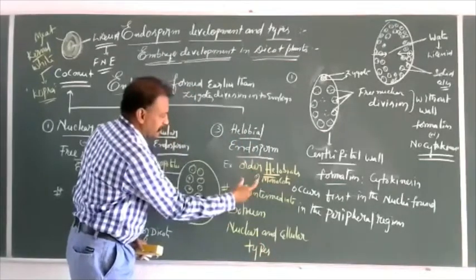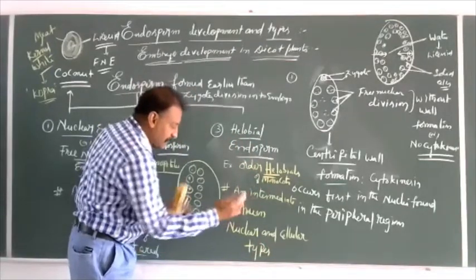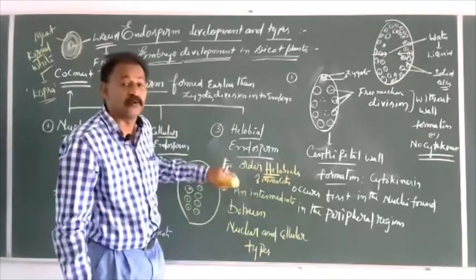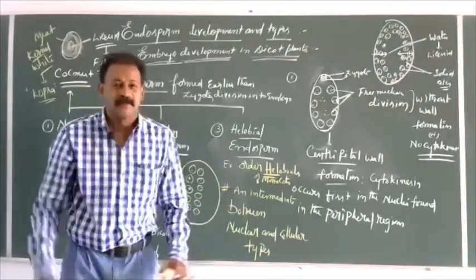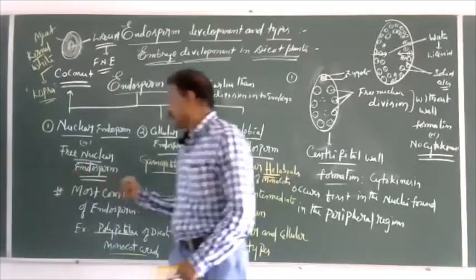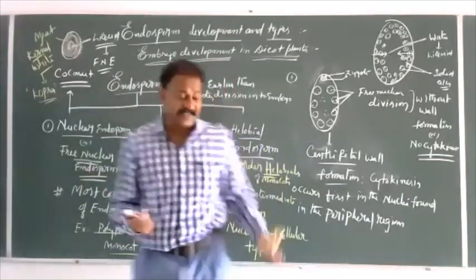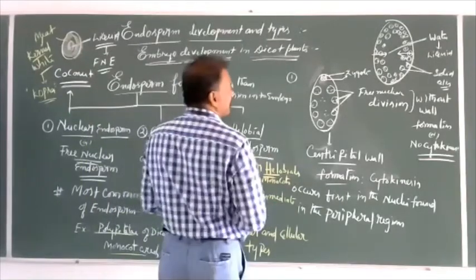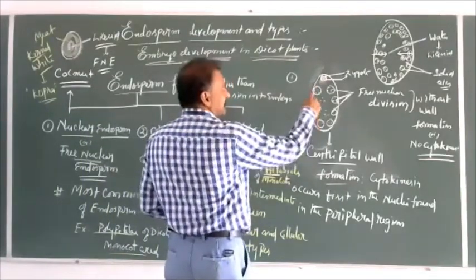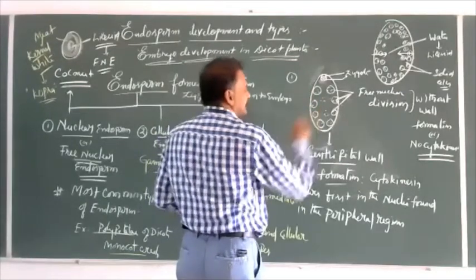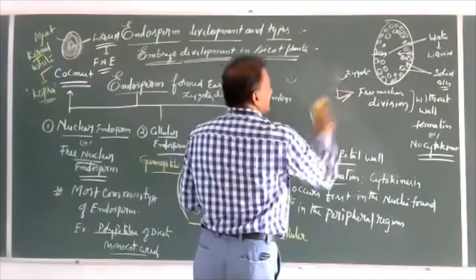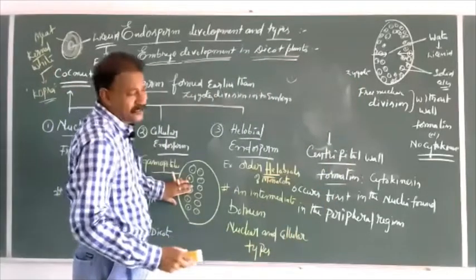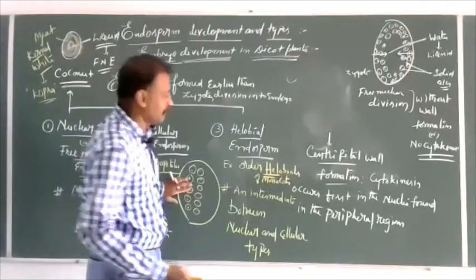Helobial endosperm, an intermediate. What does it mean? It shows both the properties of nuclear endosperm and cellular endosperm. Here it shows first karyokinesis, later cytokinesis, and here it shows both karyokinesis and cytokinesis simultaneously.